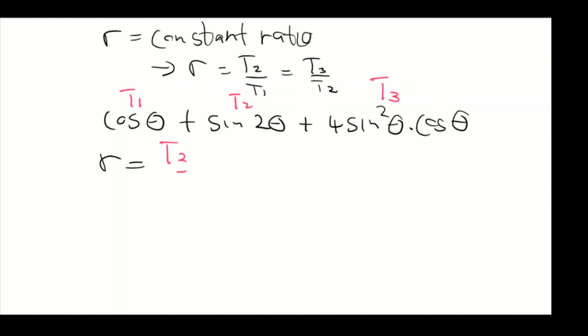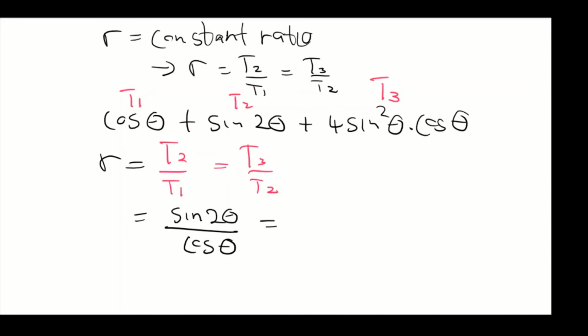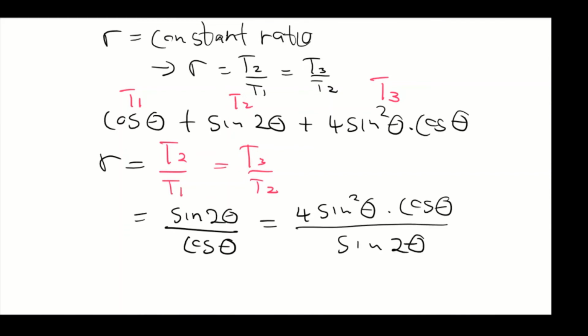So T2 over T1 is equal to T3 over T2. So T2 is sine of 2 theta divided by T1, which is cos of theta, being equal to T3, which is 4 sine squared theta multiplied by cos of theta, divided by sine of 2 theta.